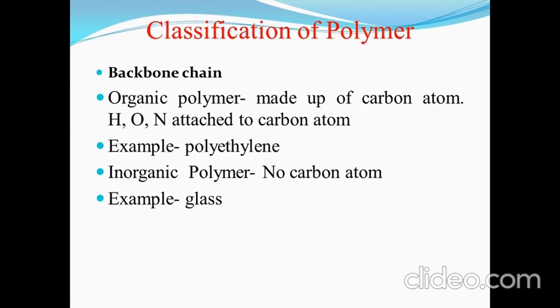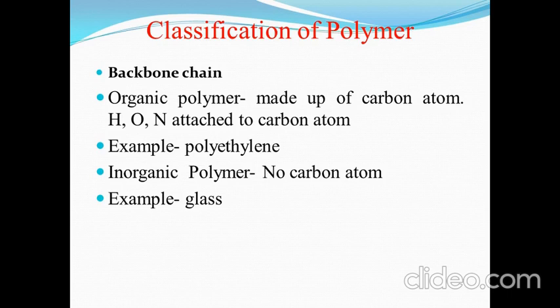The other atoms attached to the carbon atoms are hydrogen, oxygen, nitrogen, sulfur, etc. Most of the synthetic polymers are organic polymers. An example of this class of polymer is polyethylene.